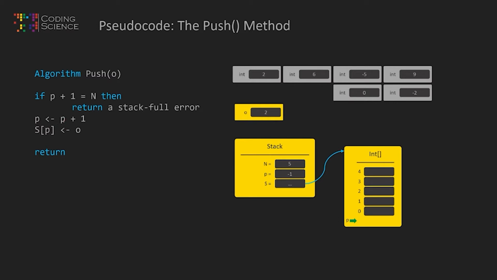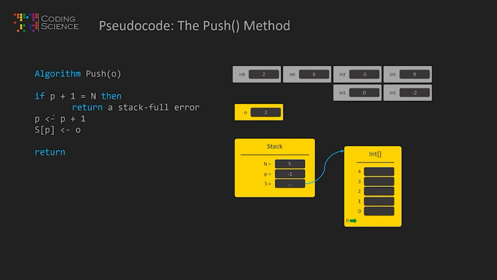So here, first we'll attack it from that side, and usually you work that way around. So p plus 1. We haven't changed the value of p, we just did a check. So p is still at -1. So p plus 1 is 0.